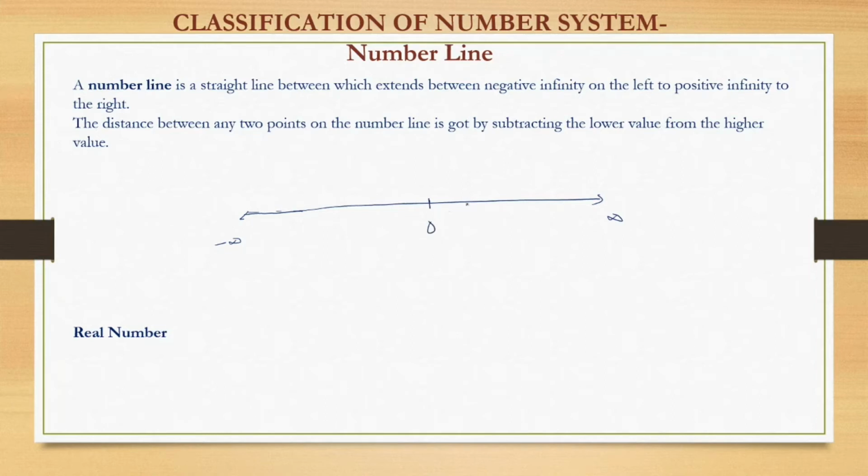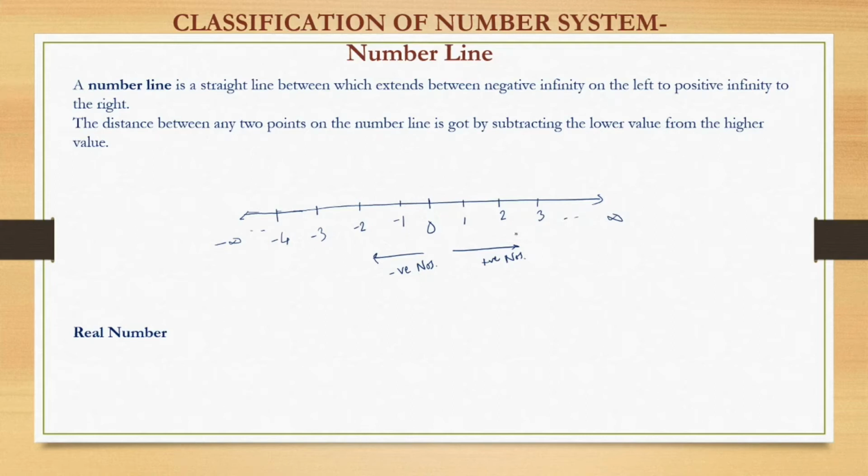Left of 0 are all numbers less than 0, meaning negative numbers, and the right hand side are positive numbers. This we can write as -1, 1, equidistant 2, 3, and so on, here -2, -3, -4, and so on.